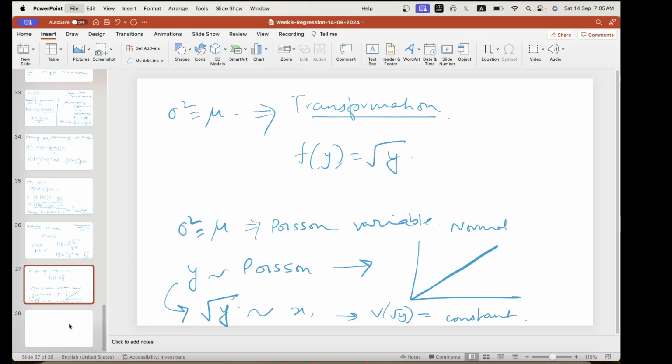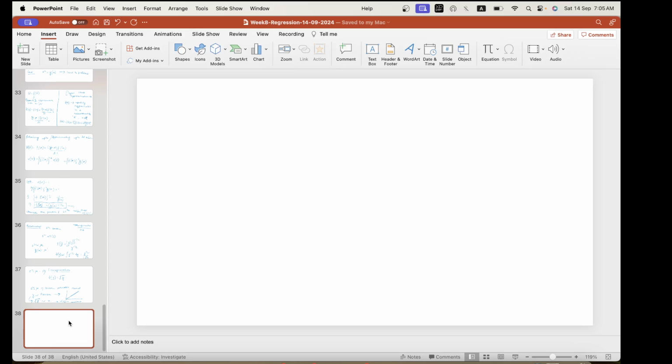Now in the case where sigma square is proportional to expectation of y square, or in other words sigma square is proportional to mu square, we would have g mu as mu square.